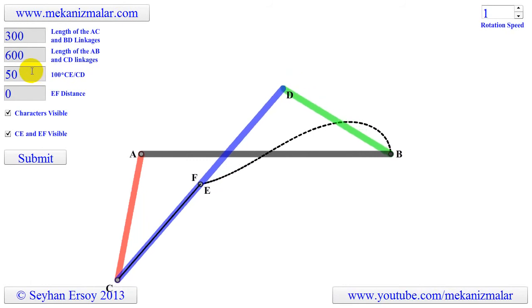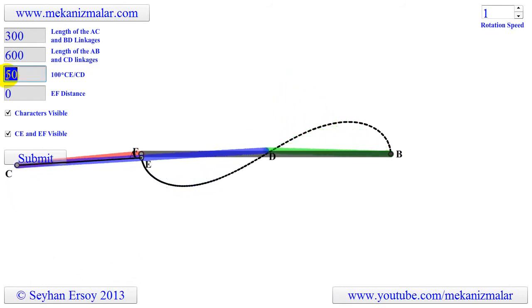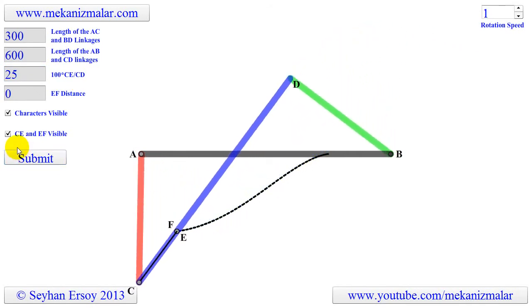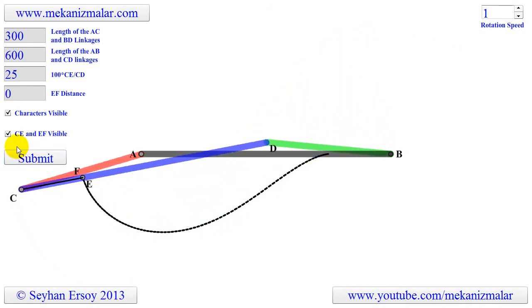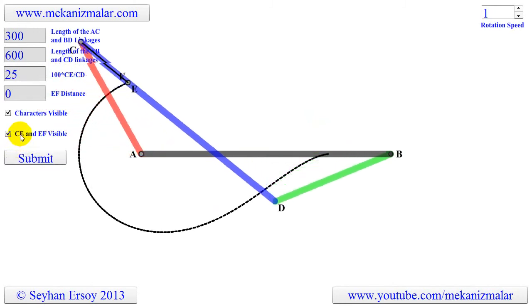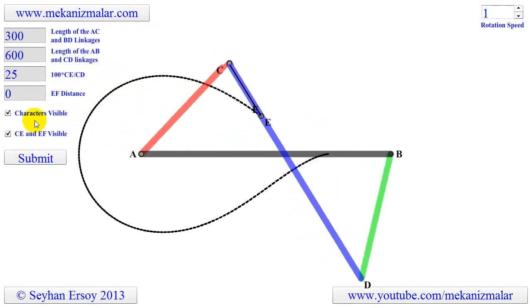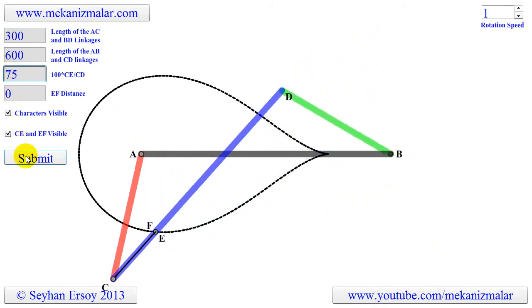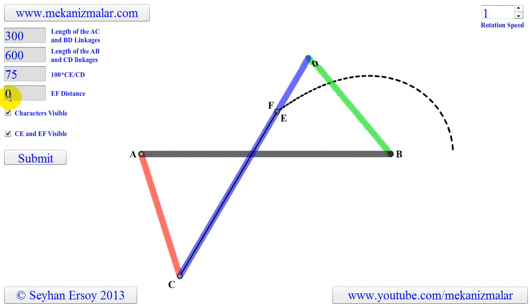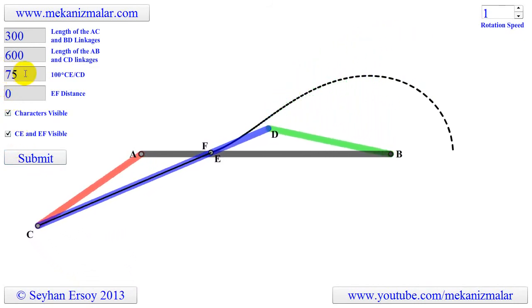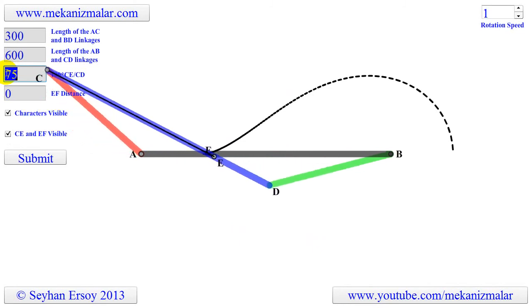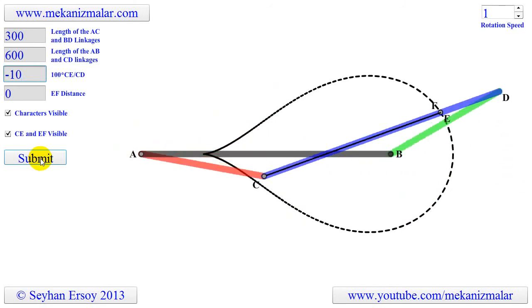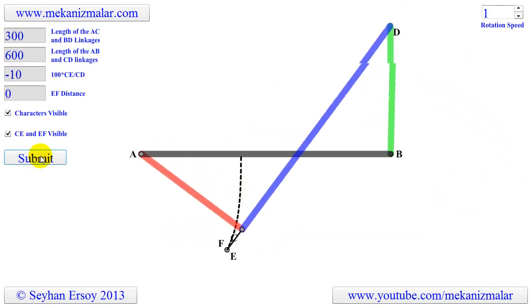Let's take E closer to A. As you can see, we obtained a raindrop-shaped coupler curve. We can also get similar symmetrical shape by taking E closer to D. We can also make E away from A in negative direction, and this arrangement produces a different shaped coupler curve.